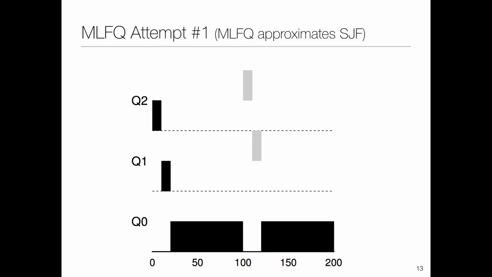So can anyone explain how MLFQ approximates SJF in this trivial example? Let's say the shortest job came in at time t equal to 100, and we assume all of these processes are preemptive in nature. We gave it a full shot of running.